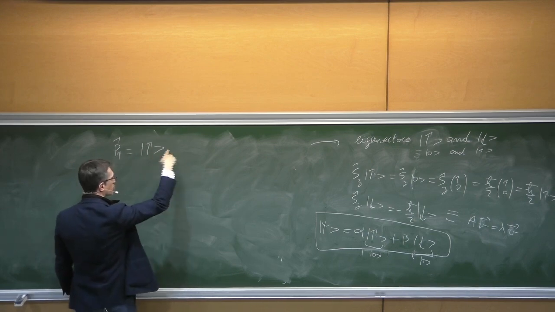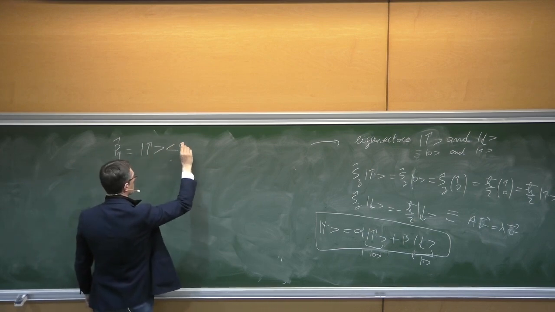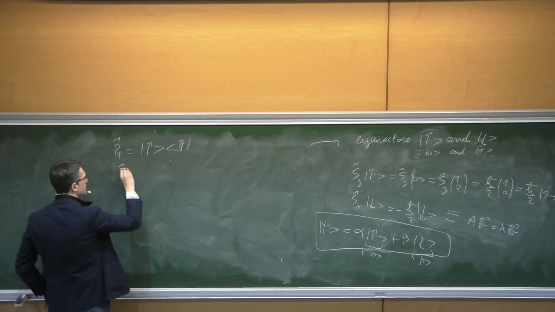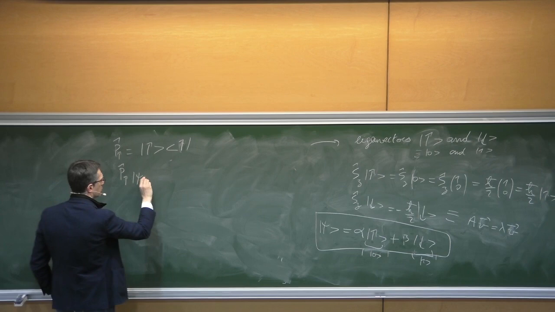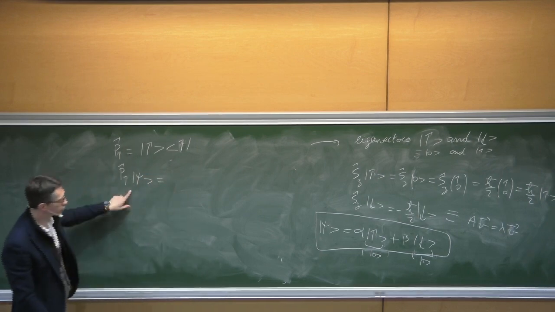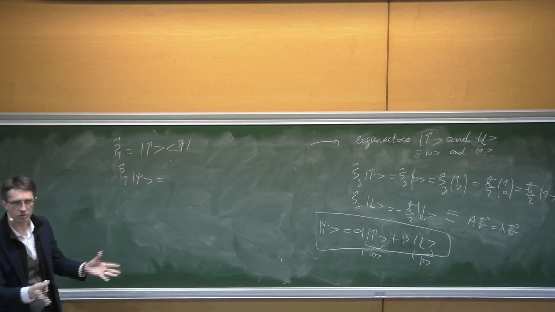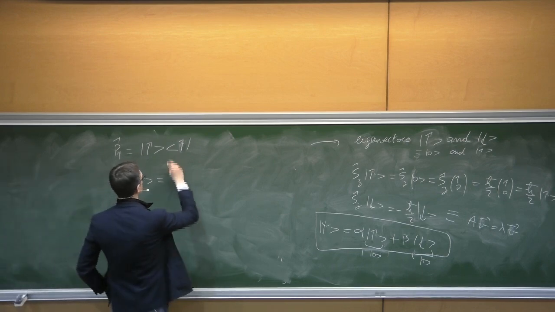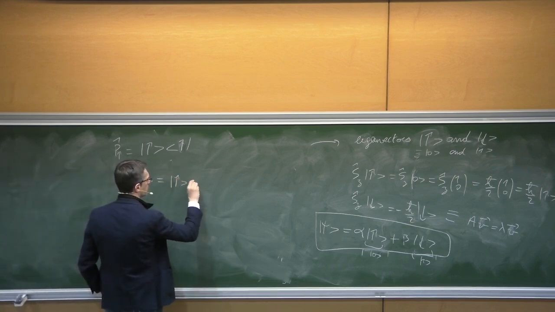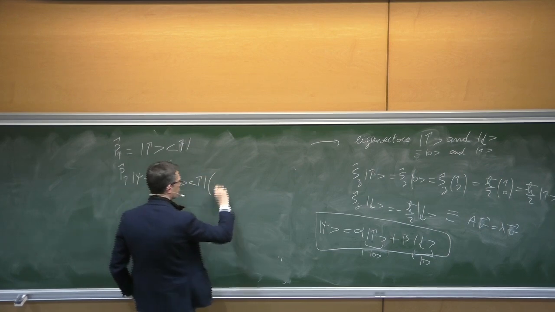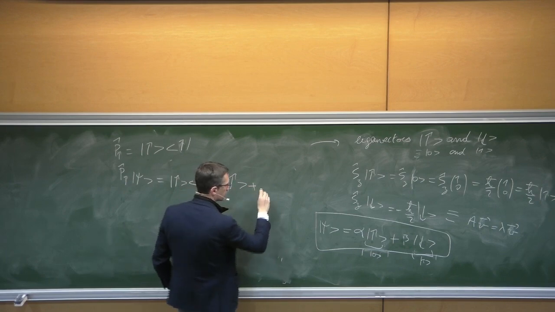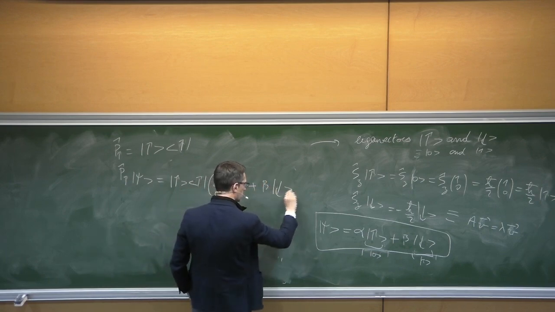So ket up, bra up. And I apply this to my wave function, which is the most general way of being in superposition, up and down. So if I do this, I've got ket up, bra up onto alpha up plus beta down.